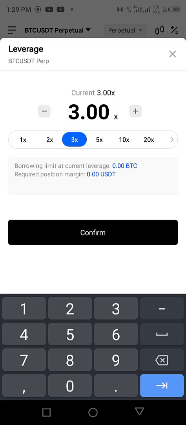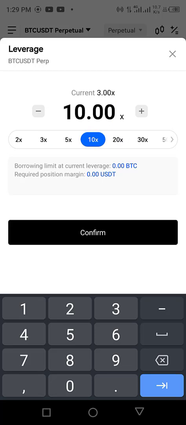If you use 5x or 3x or 10x, and you're using 20 USDT to enter that trade, you are using 20 times 10. So it's increasing your purchasing power times 10 of what you have.